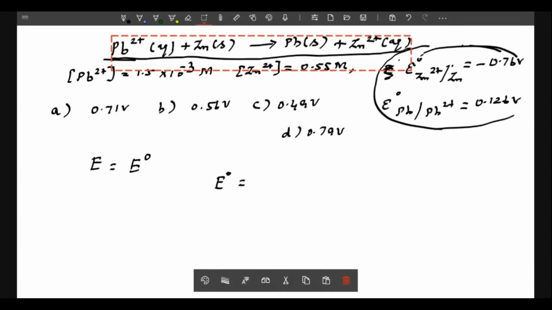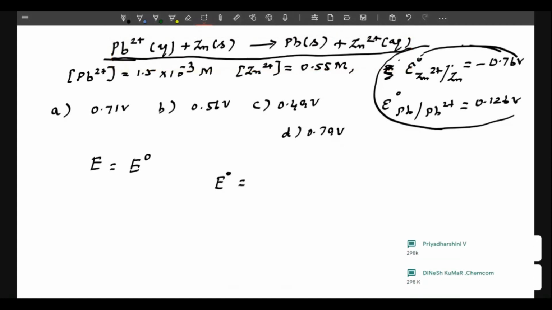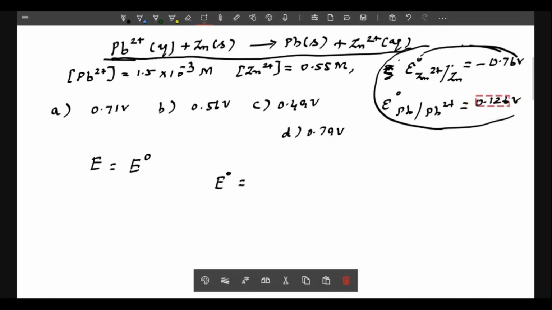Zinc, sir. Zinc bar. And for that you should have an oxidation potential, but what is given is the reduction potential. You have to change this one. Which is acting as the cathode here? Lead 2 plus, lead bar. For which potential is required? Reduction potential is required, but given is the oxidation potential.